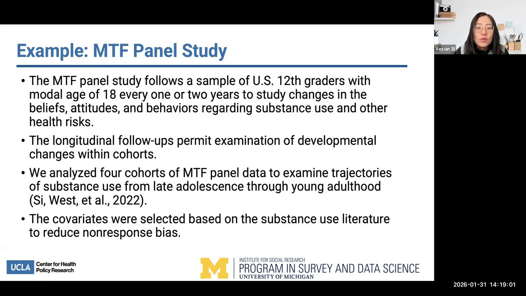The covariates were selected based on substantive experts, based on the substance use literature, because the key to success in non-response bias adjustment is the availability of auxiliary variables that are strongly related to the survey outcome of interest. So this selection of covariates based on substantive information is very important.